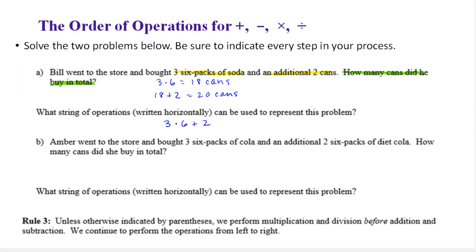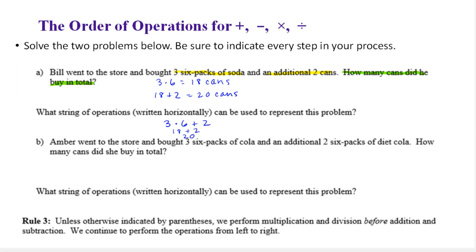Do we continue to work from left to right? What do we do now that we have a combination of multiplication and addition in one problem? Well, notice if we do 3 times 6, we have 18. And then if we add on the 2 after, we have 20. And that's the result we had here. So that seems to correspond.